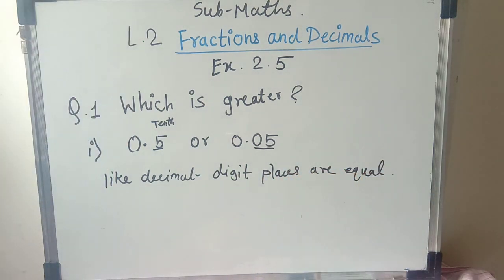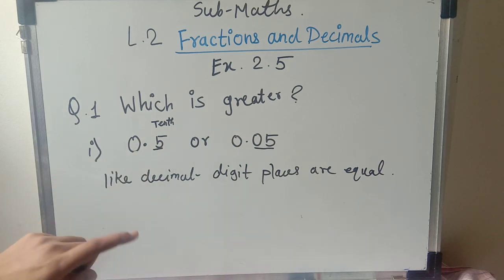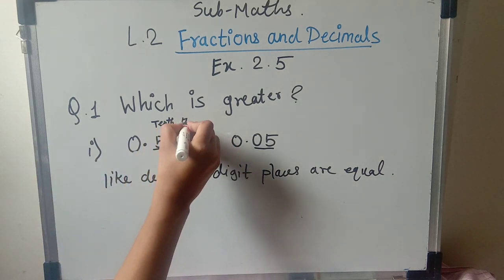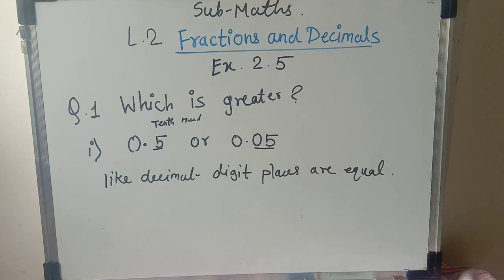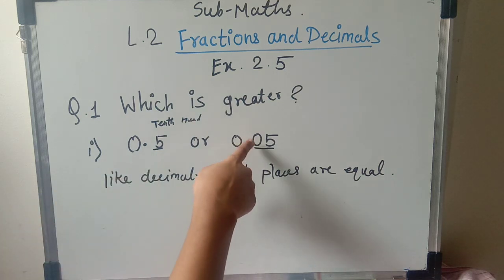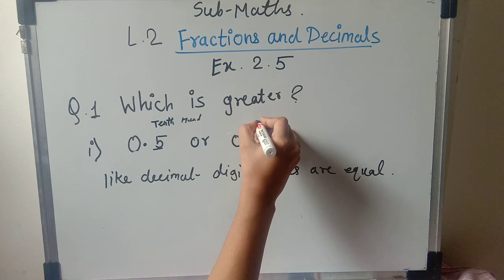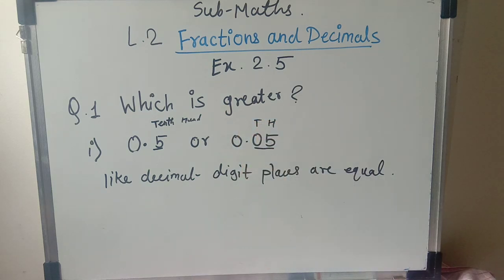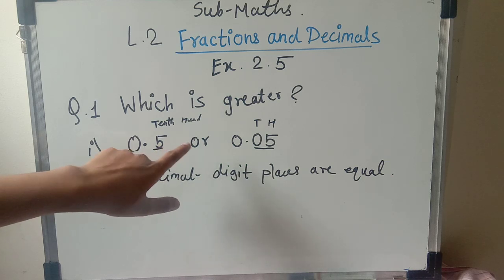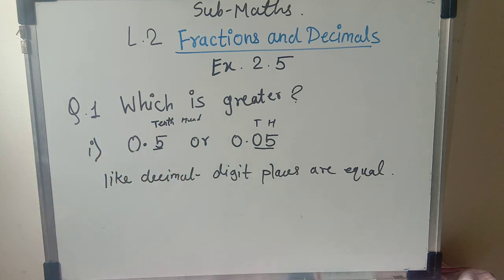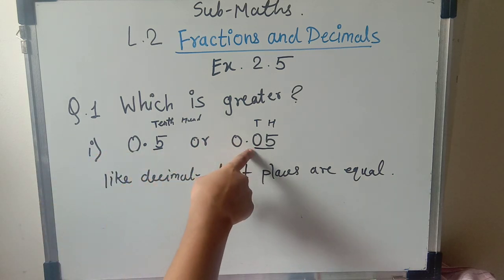Here only the tenths place is there, and here both tenths and hundredths places are there. So we can convert this one into a like decimal, where we can get the tenths and hundredths places.